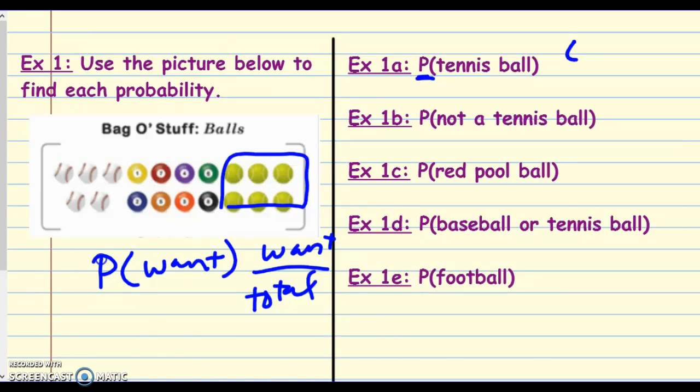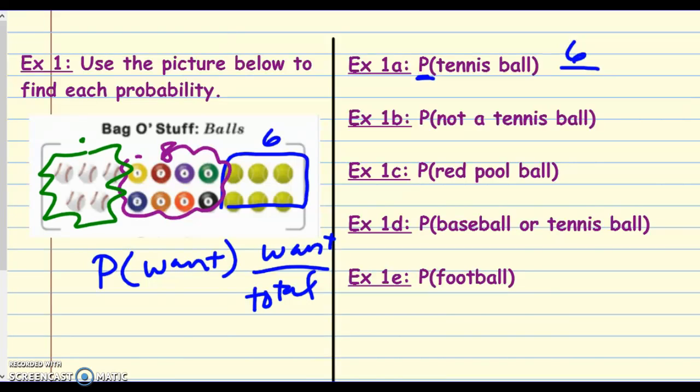We've got 6, and then we want to count up the total. So I know there's 6 tennis balls in the bag. I know that there are 8 pool balls in the bag, and I know that there are 5 baseballs in the bag.